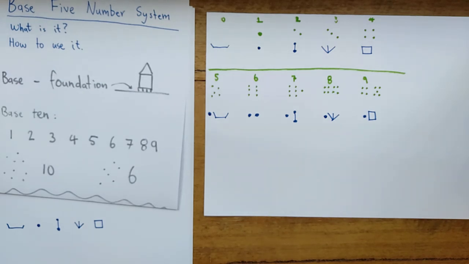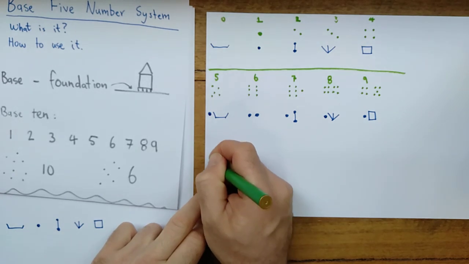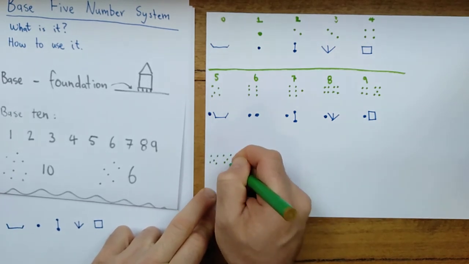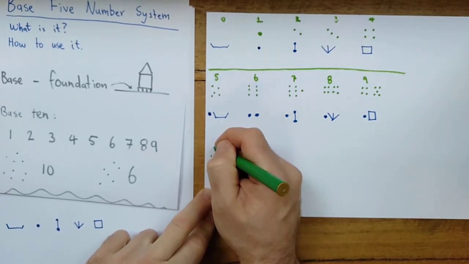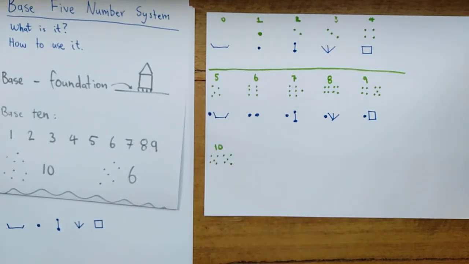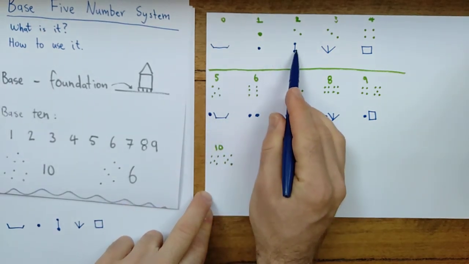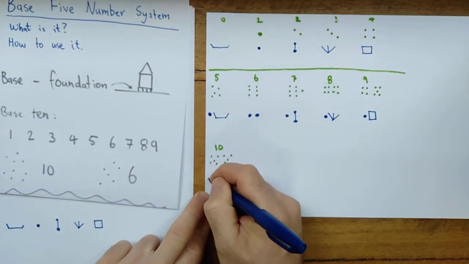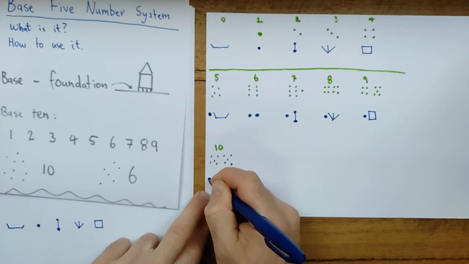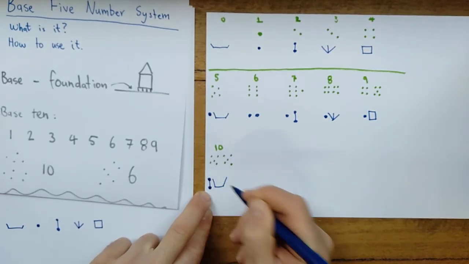Next, if I want to go to 10, so I'll draw that. Or in the system that we're used to, what I'm going to need is 2 in my 5s column, and then add 0 to it.